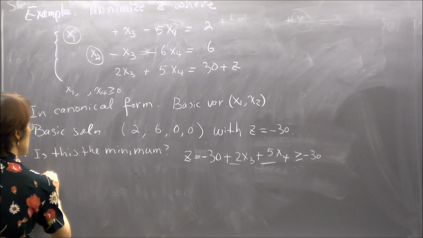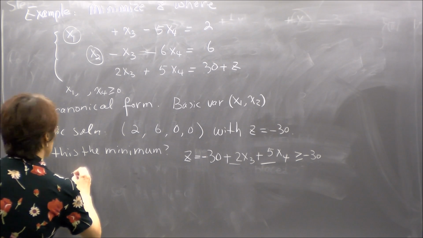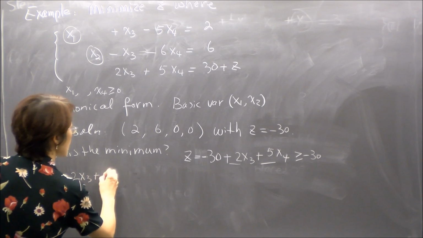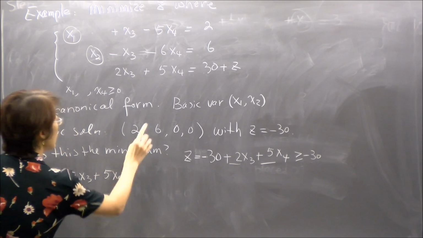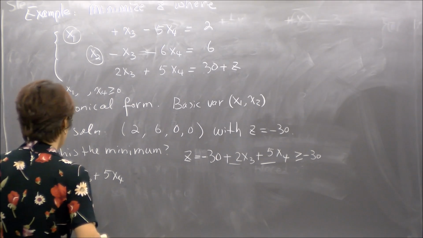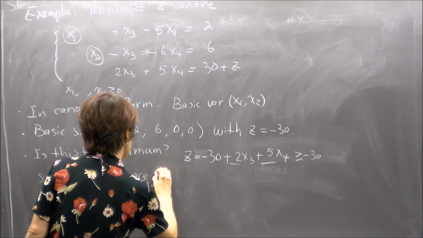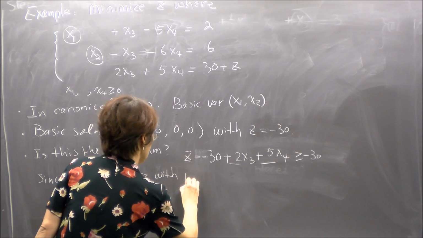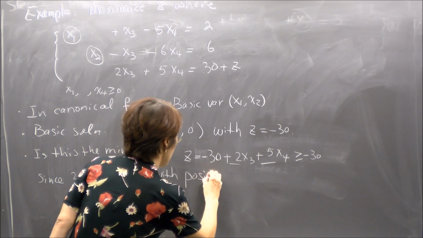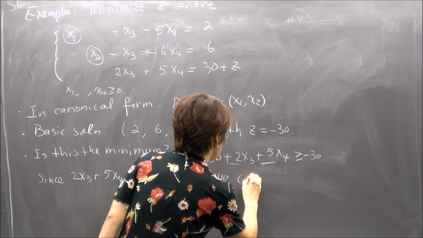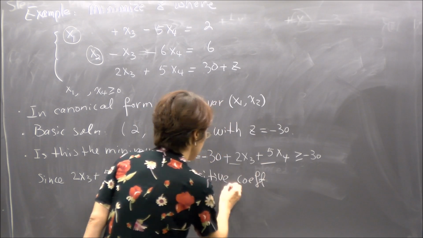So since 2x3 plus 5x4, the thing in the objective function, both terms are with, what is important, positive coefficients. Okay, positive.